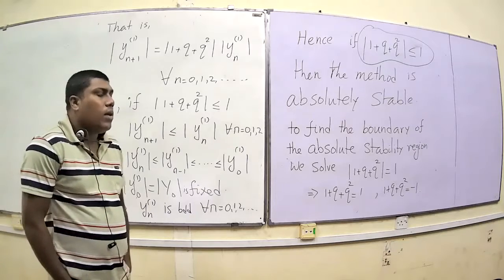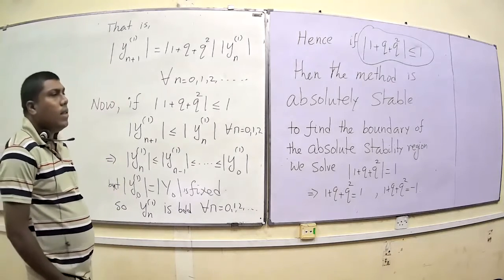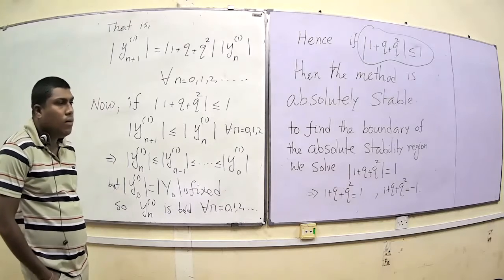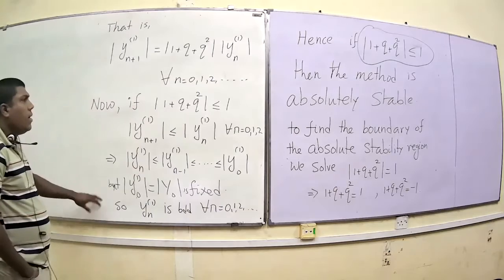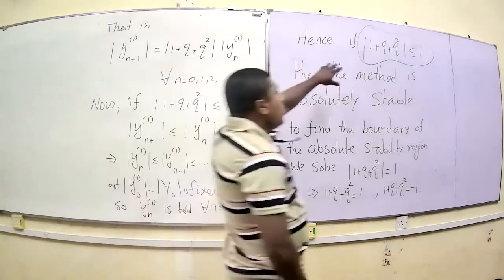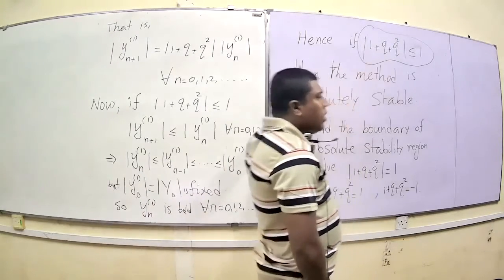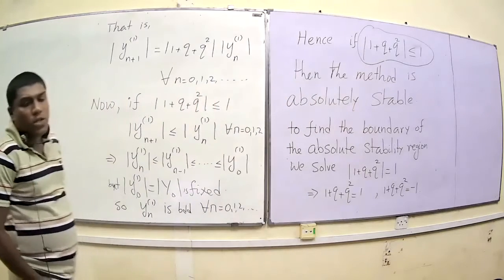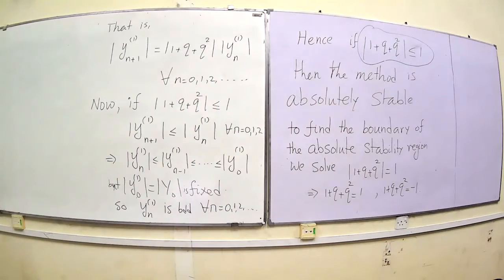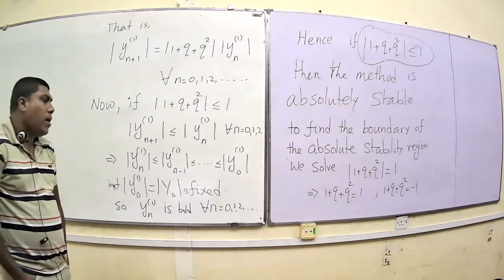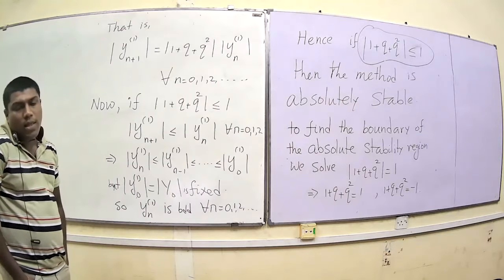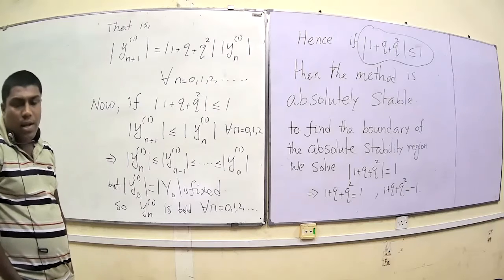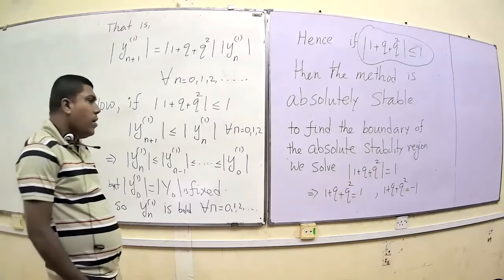So you see that on the q plane, the region of absolute stability is the region on which the method is absolutely stable. We have proven that if this condition holds, then the method is absolutely stable. You can try to find the region if it is feasible, but not all inequalities are solvable, at least at this level.